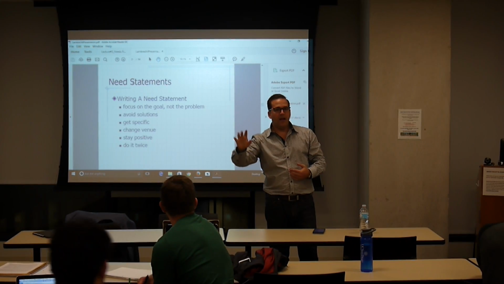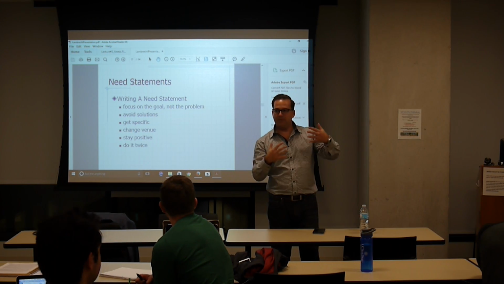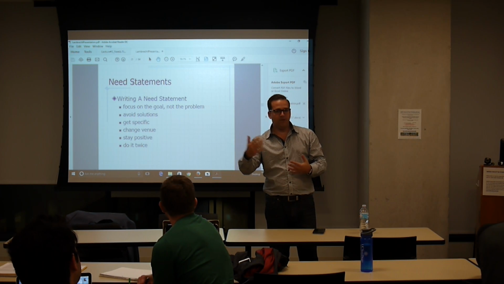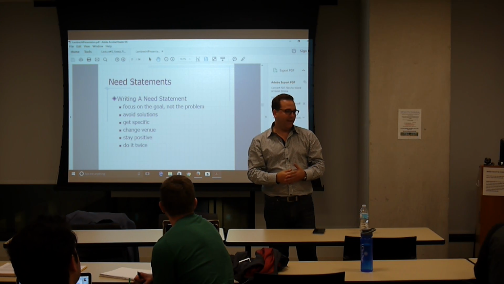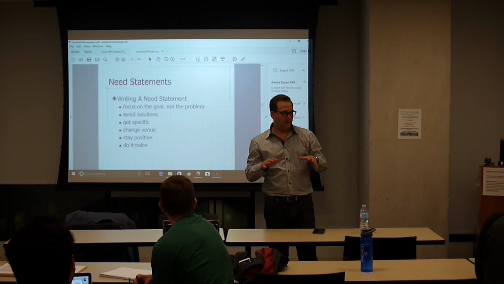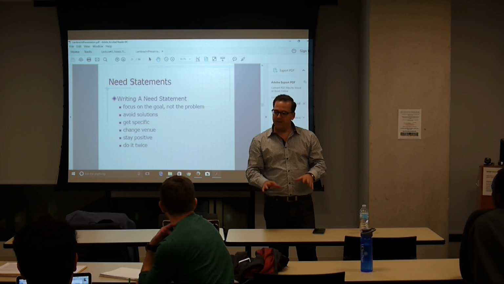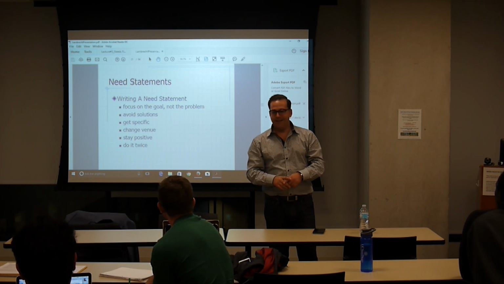Then we'll have a class discussion about how they could be done a little differently or enhanced, or what we like about this one, so it's more of a class discussion and a learning exercise. In the next 10 minutes or so, write down your own need statement that you've been going over with your buddy.